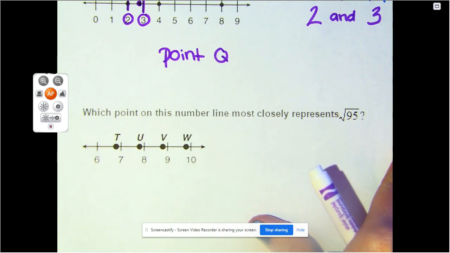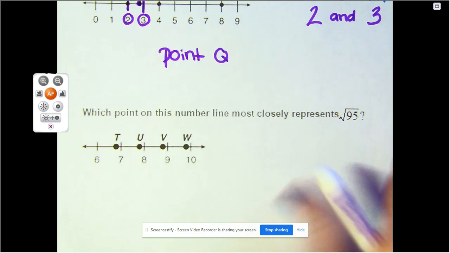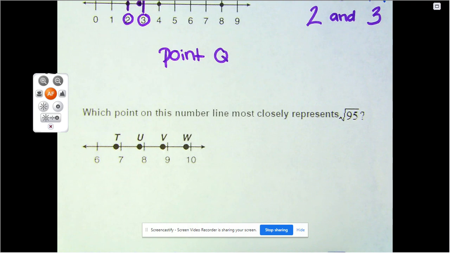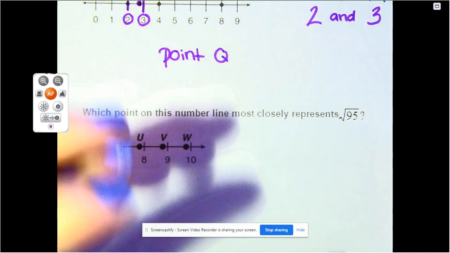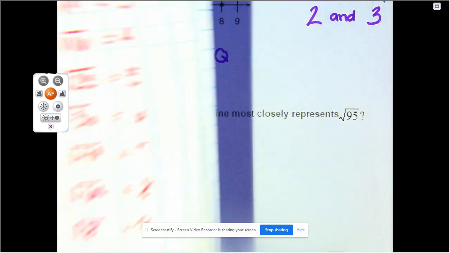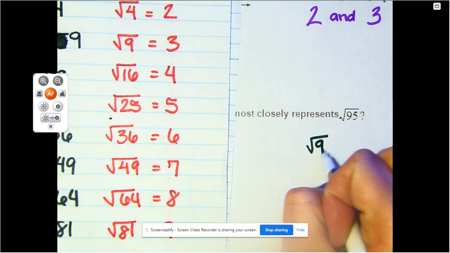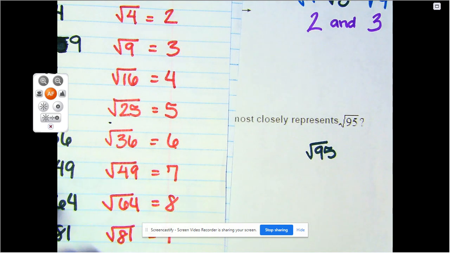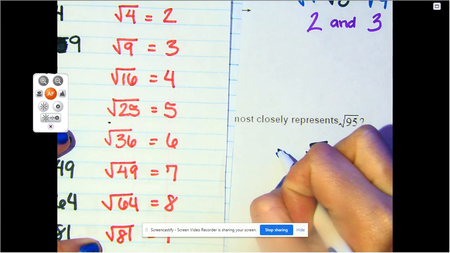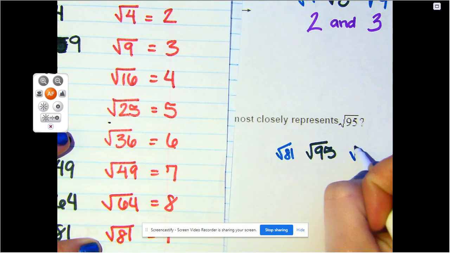On the next one, which point on this number line most closely represents the square root of 95? First, you should recognize that 95 is not one of our perfect squares. Looking at our list, you will see that the square root of 95 falls in between the square root of 81 and the square root of 100.